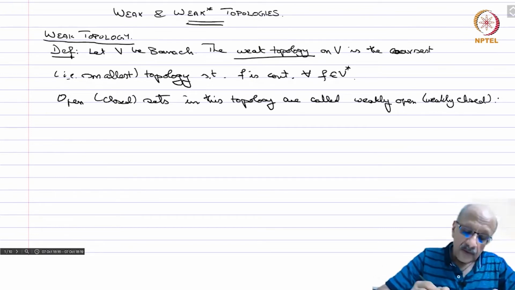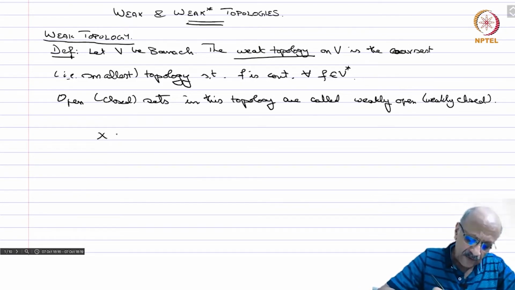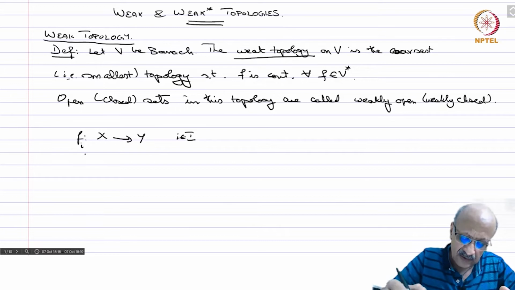Okay, so how do you construct such a topology? So this is well known in topology: given a set X and a set of mappings f_i from X to a topological space Y, with i in some indexing set I, what is the smallest topology such that all these f_i's are continuous?